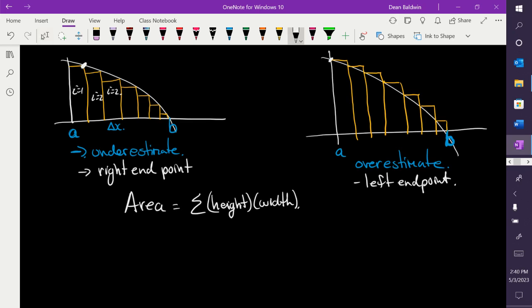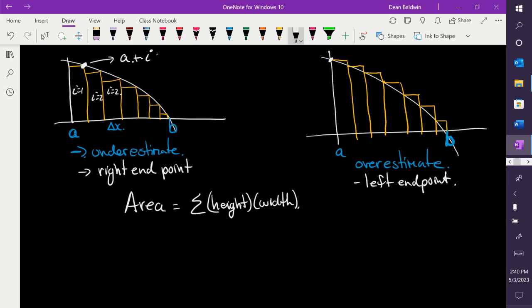And this height right here is going to be your A value, which is your furthest point here to the left, plus the rectangle number, which we're calling I, times the width of the rectangle.